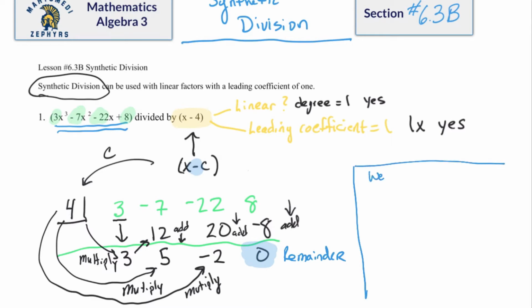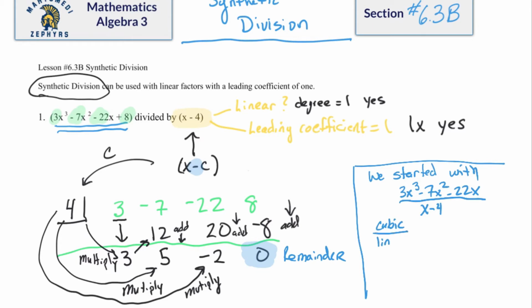Now, let's just talk about what these numbers in the bottom mean, the 3, 5, negative 2, 0, that we got for an answer. Well, we started with a cubic function, 3x cubed minus 7x squared minus 22x plus 8, and we divided by a linear function.